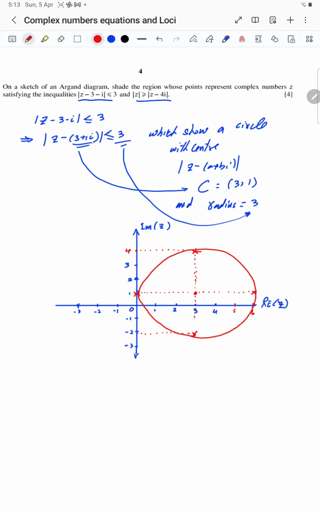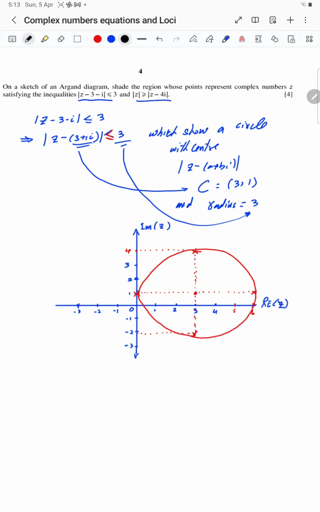This seems to be much better. Okay, this we have done, and as the inequality includes equality as well, the circumference boundary will be solid. Now go with the second inequality.